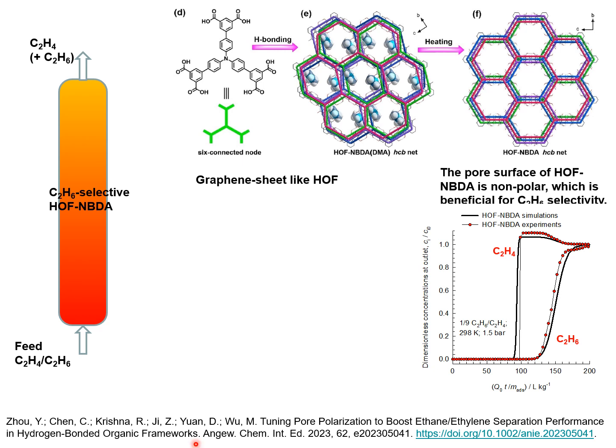The achievement of high purity ethene meeting the feedstock requirements to polymerization reactors is more easily achieved using adsorbents that selectively adsorb the saturated alkane. One such example is a hydrogen bonded organic framework that is described in the recent paper in Angewandte Chemie 2023.